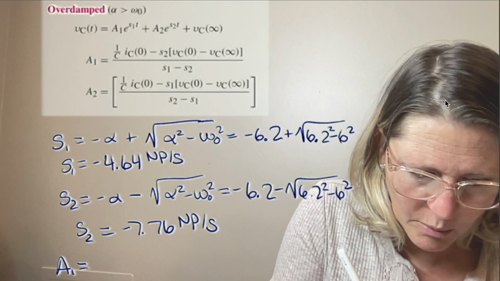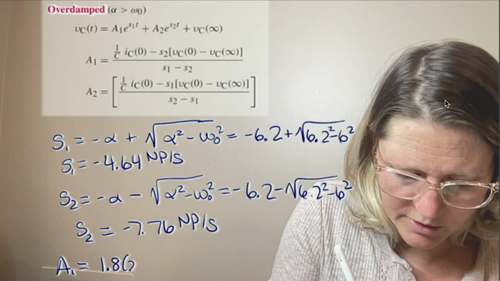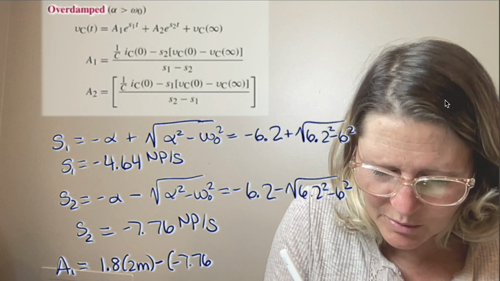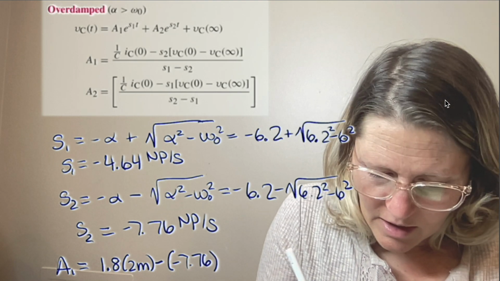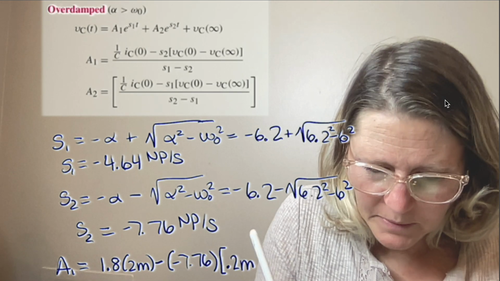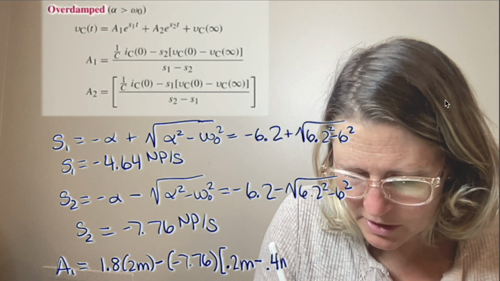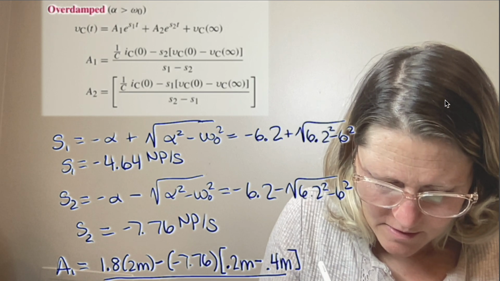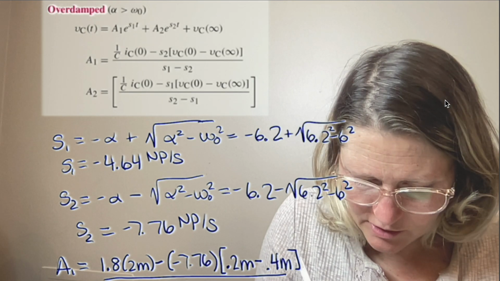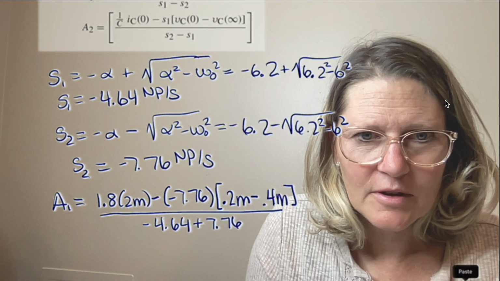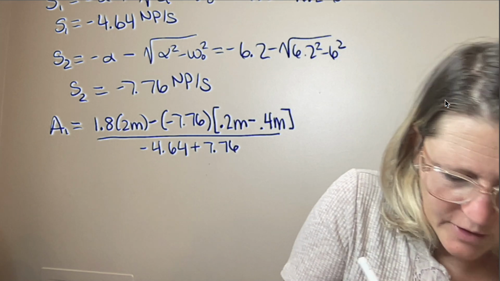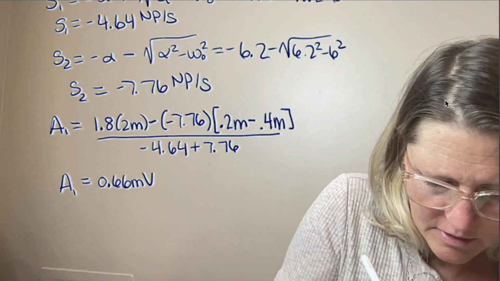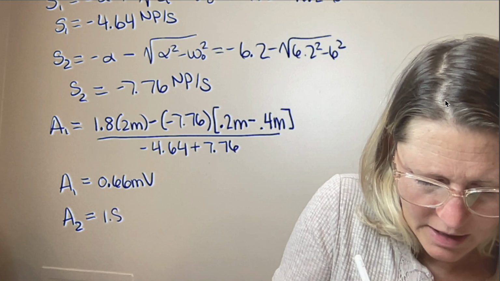So A1 is going to be 1.8 times IC of 0, which was 2 milli, and S2 is a minus 7.76, and VC of 0 is 0.2 milli, and VC at infinity was 0.4 milli, all over S1 minus S2. And so this gives me a value for A1 of 0.66 millivolts.